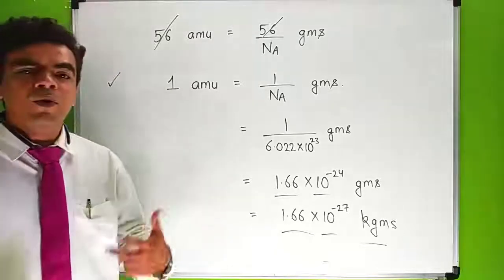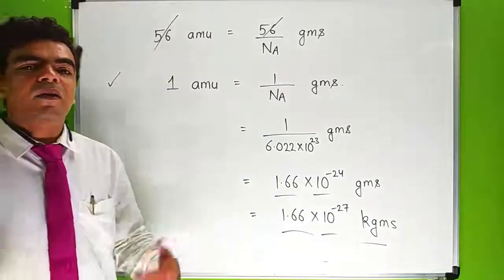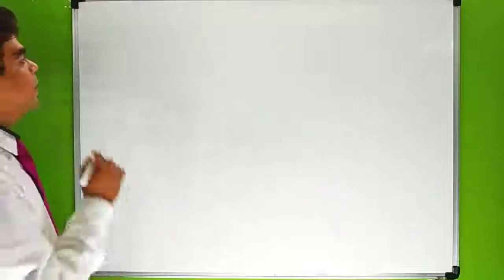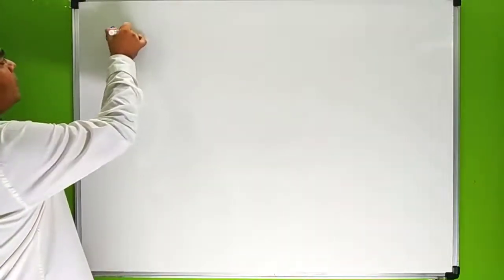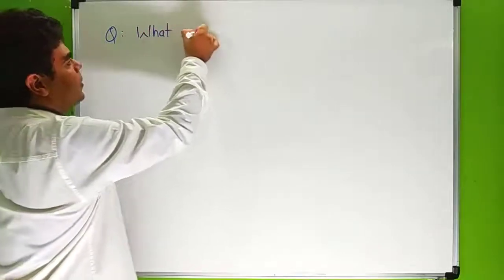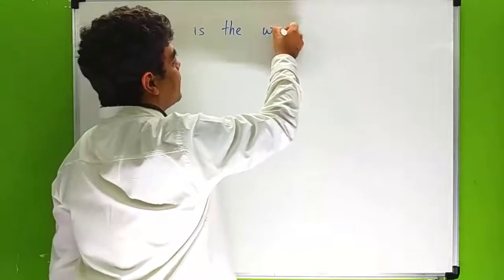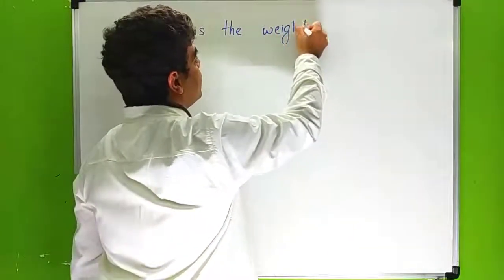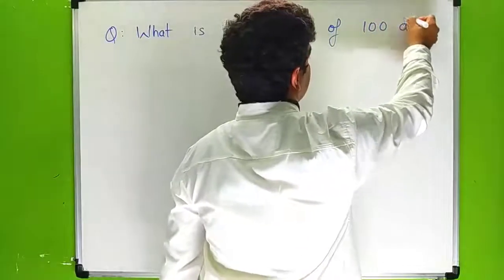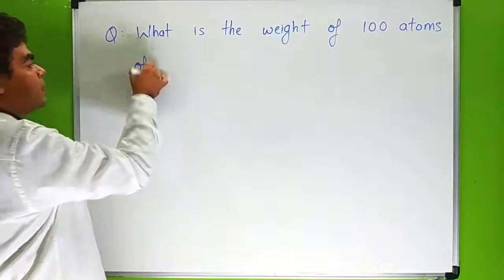Now we will try to use this result in a question. So let us apply this result in a question. Suppose we are asked, what is the weight of 100 atoms of carbon in grams.